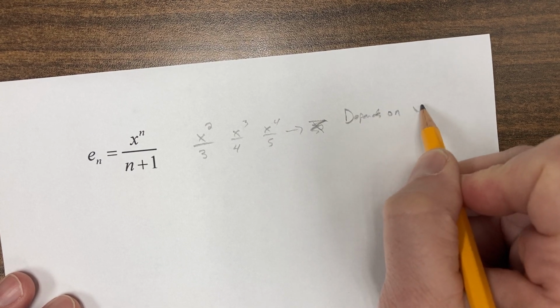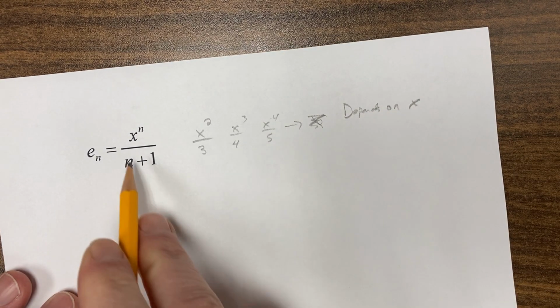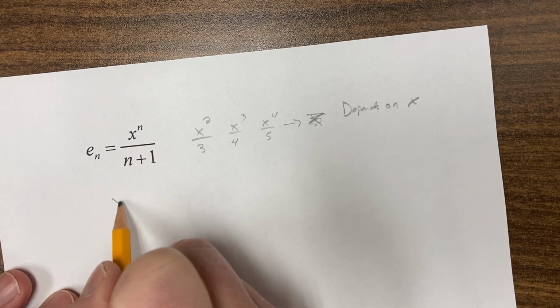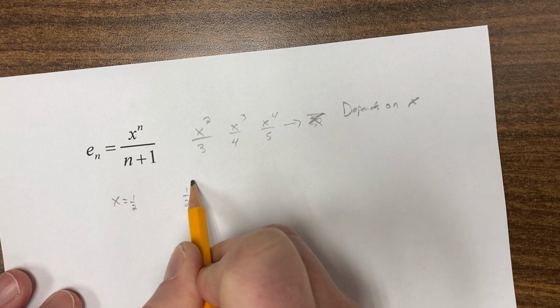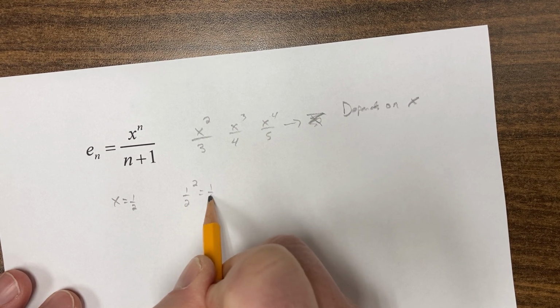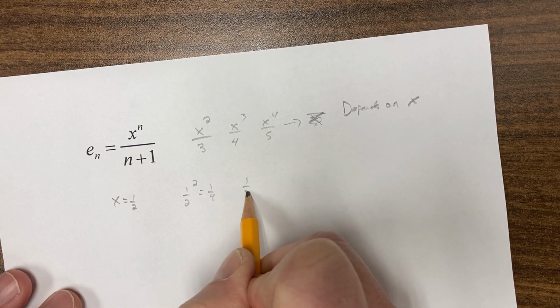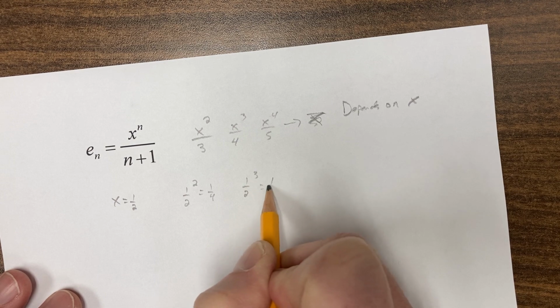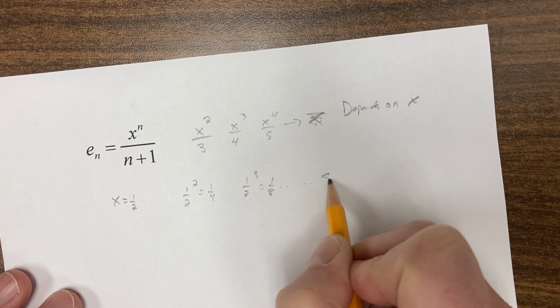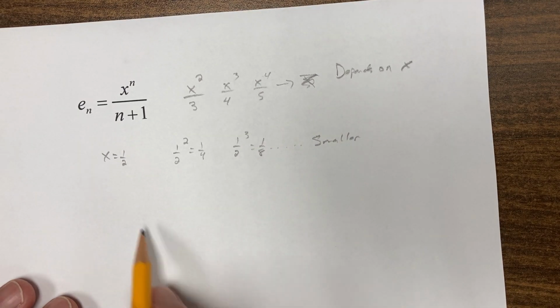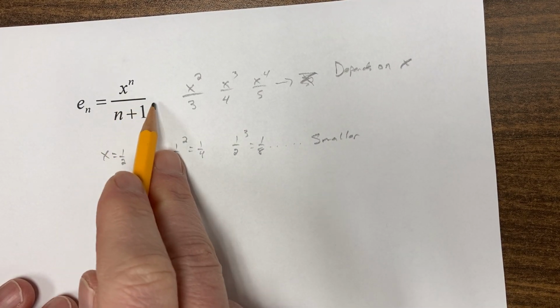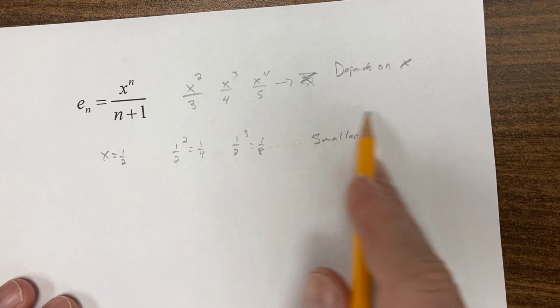on x, right? Because, for example, if x was 1/2, then 1/2 squared is 1/4, and then 1/2 cubed is 1/8. Well, these terms are getting significantly smaller. So if x was 1/2, this actually would get smaller and smaller. This would head to 0.